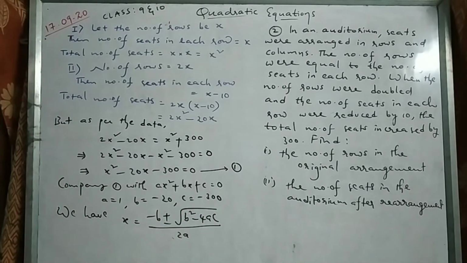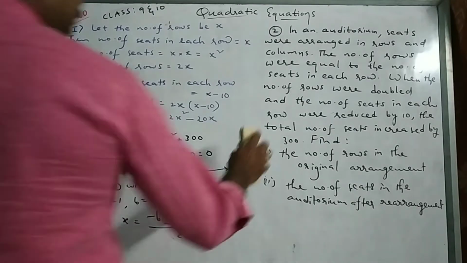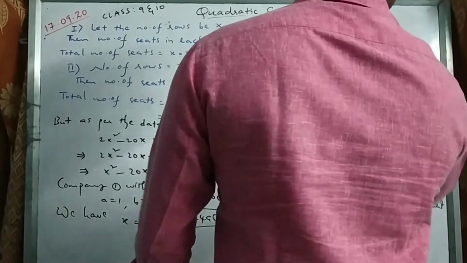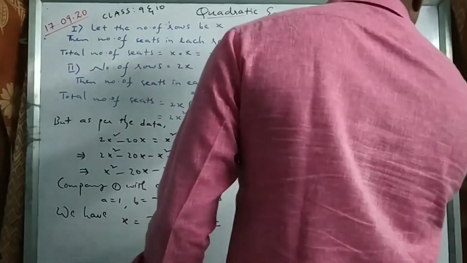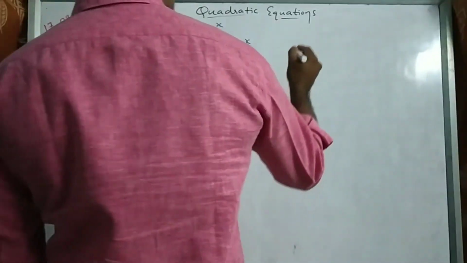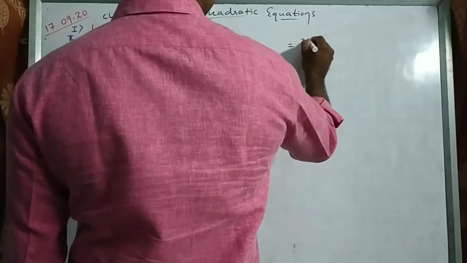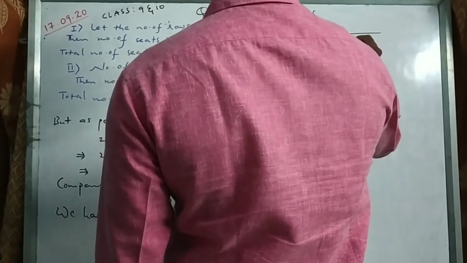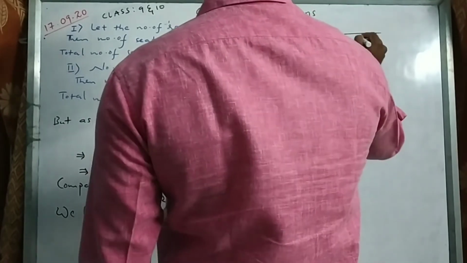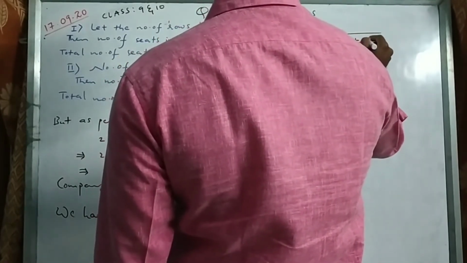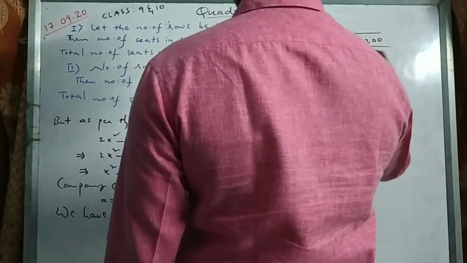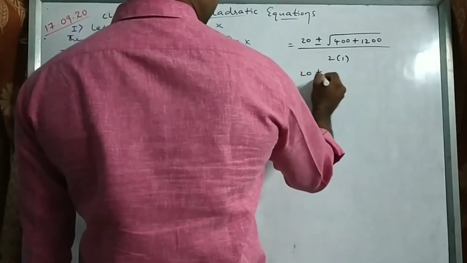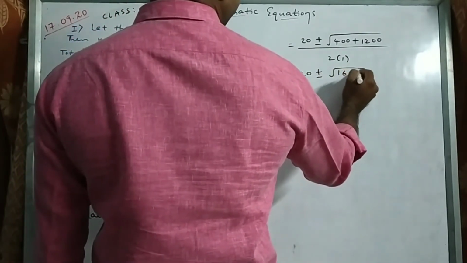Substitute values: minus b means 20, plus or minus square root of 20 square, 400, plus 4 threes are 1200, upon 2a, 2 into 1, 2. So 20 plus or minus square root of 1600.